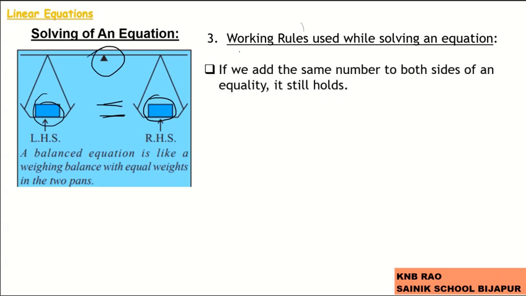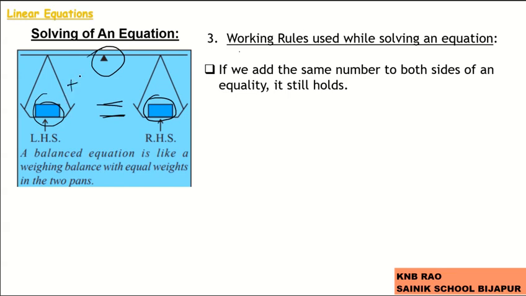If we add the same number to both sides of an equality, it still holds. That means you have seen in a physical balance, adding equal amounts on both the pans.